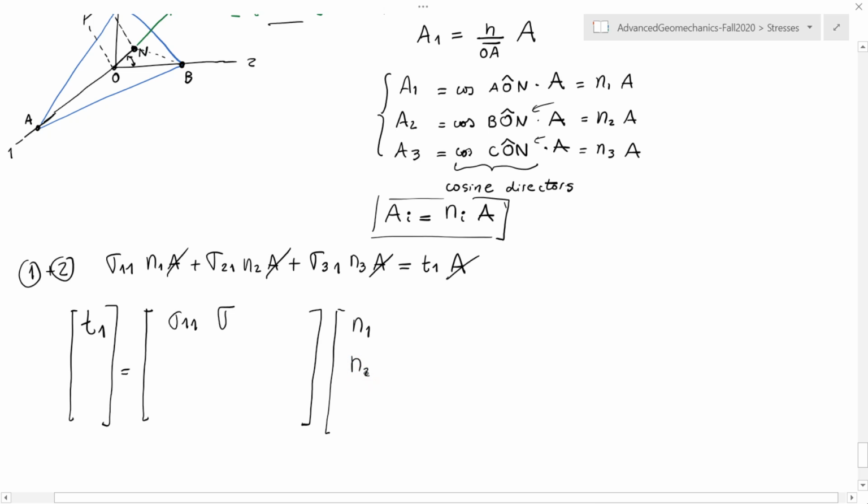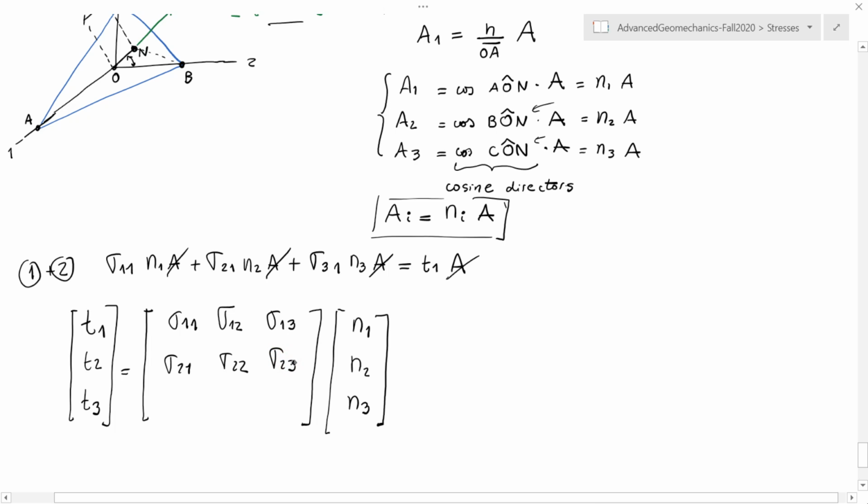But since I know that sigma 2,1 is equal to sigma 1,2, I'm just going to put the other term over here, the symmetric term, and sigma 1,3 times n3. And I can do exactly the same for all T's, T2 and T3. And this is what I'm going to find out.